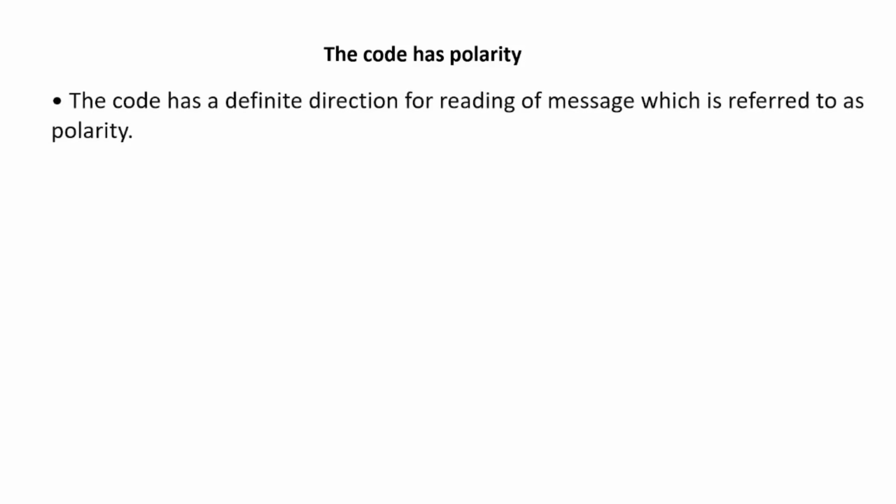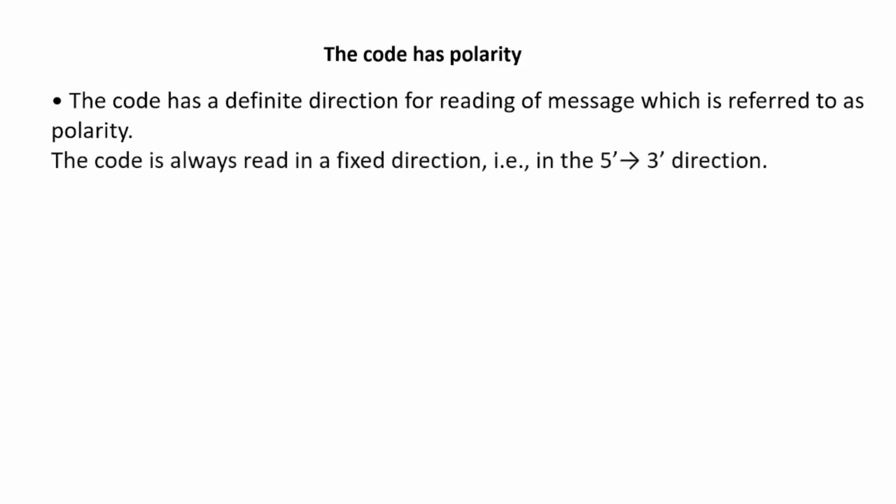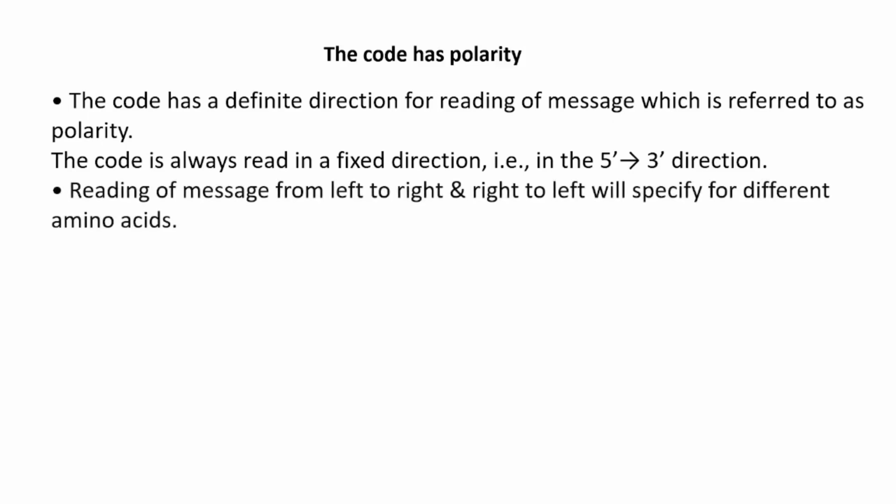The next characteristic is that the code has polarity. The code has a definite direction for reading of message, which is referred to as polarity. The code is always read in a fixed direction, that is in the 5' to 3' direction. Reading of message from left to right and right to left will specify different amino acids.